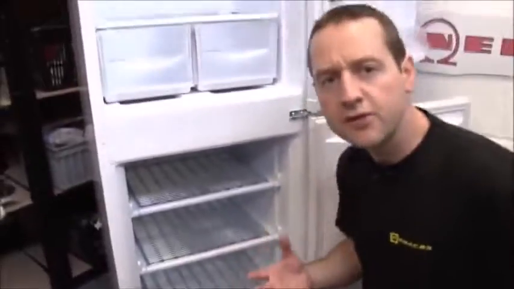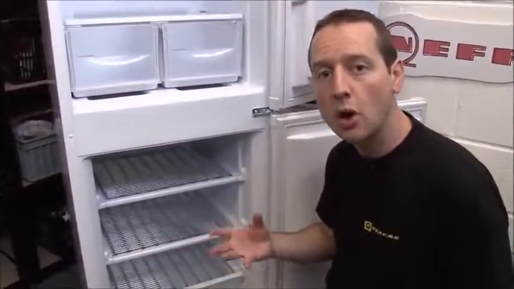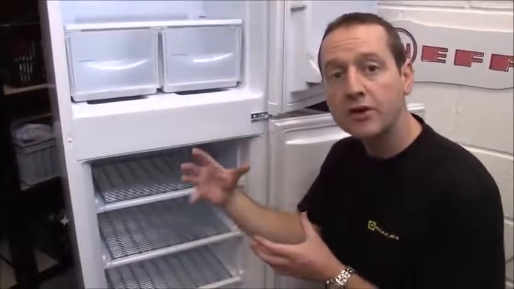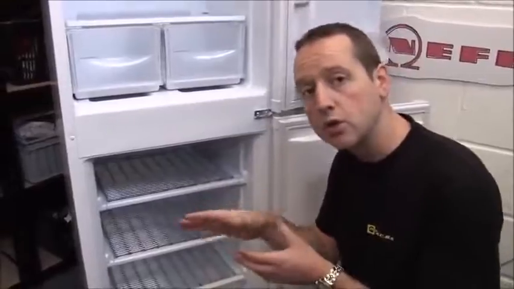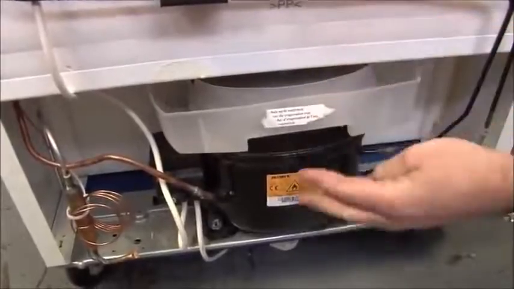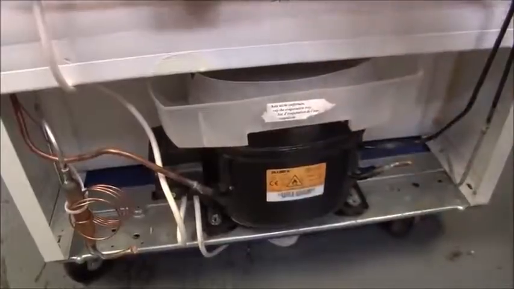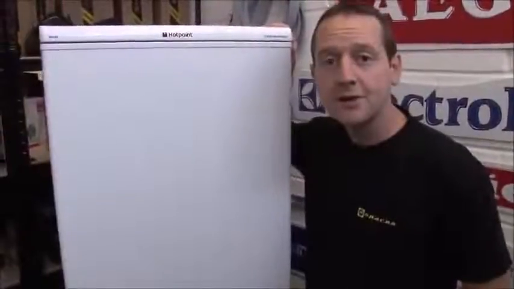On a frost-free or auto-defrost freezer, the compressor will periodically stop, and there are heating elements around the evaporator coils which will heat up, melt away the frost, and that water will drain away at the back of the appliance. And all that water ends up in this evaporation tray. And that just sits on top of the compressor, so it's nice and warm, and that just evaporates all that water away. So there we go, that's how a fridge works.